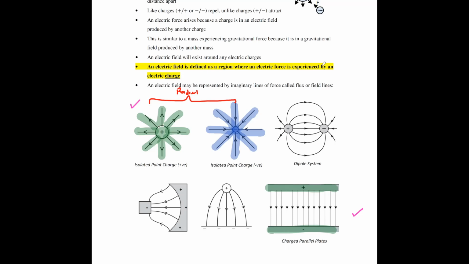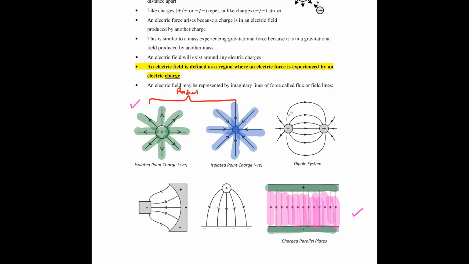For the case of charged parallel plates, your field lines would be something like this. They are equally spaced parallel lines. So the first two and the last one, you need to remember how they're usually shaped. For the rest, not so much. But you do need to know a bit about the rules in how they are drawn, which will be discussed in the next page.